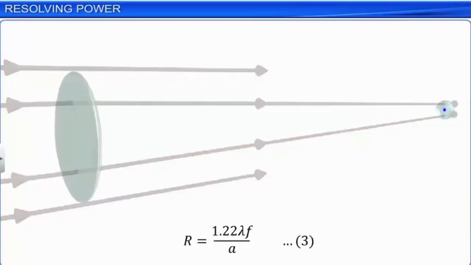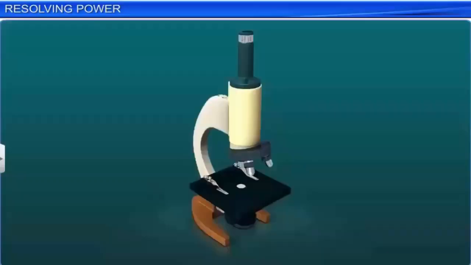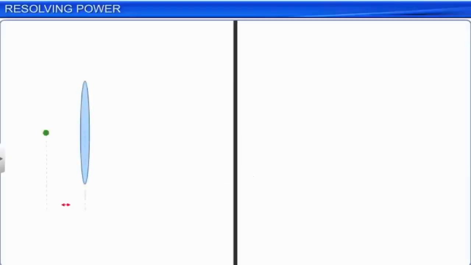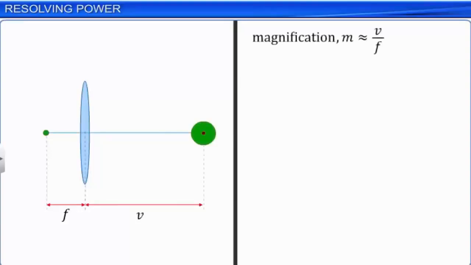In the case of a microscope, we place the viewing object very close to the objective lens. If f is the focal length of the objective lens, then the object is placed slightly beyond f. If a real image is formed at a distance of v, then the magnification m is approximately equal to v by f.